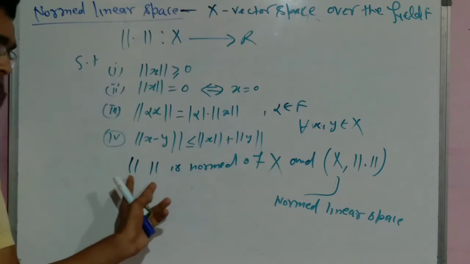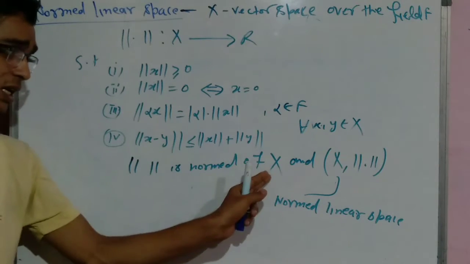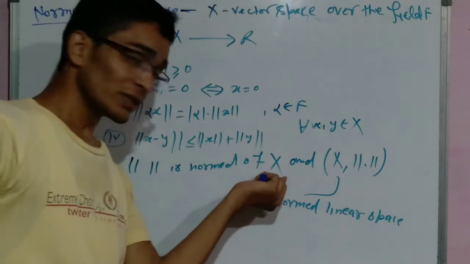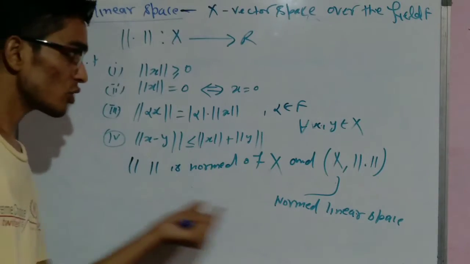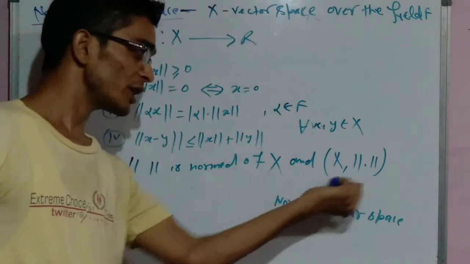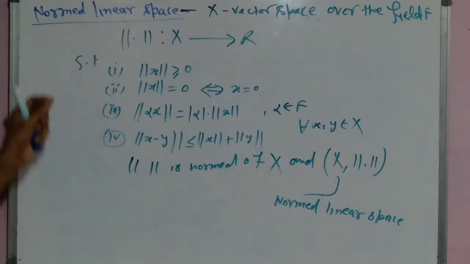This is a norm, this is the norm of x, and the space X with the norm is called a normed linear space. So this is the definition of a normed linear space.